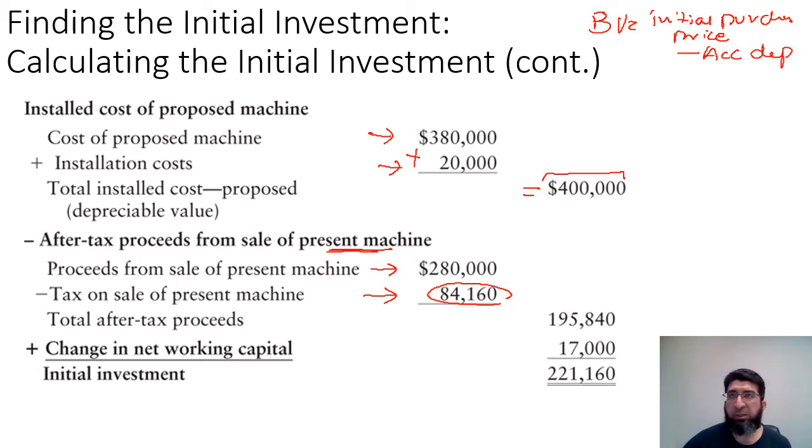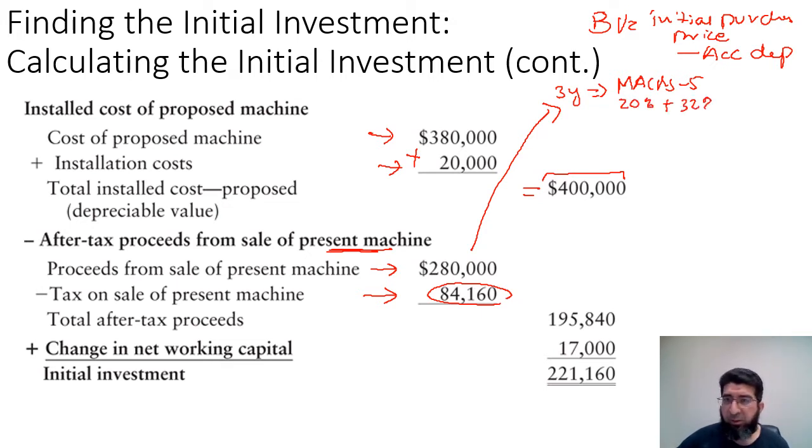Now, in this case, the asset is 3 years old, under MACRS 5 years. The first 3 years have been applied to this asset, and that constitutes 20% in the first year, then 32% in the second year, and 19% in the third year.